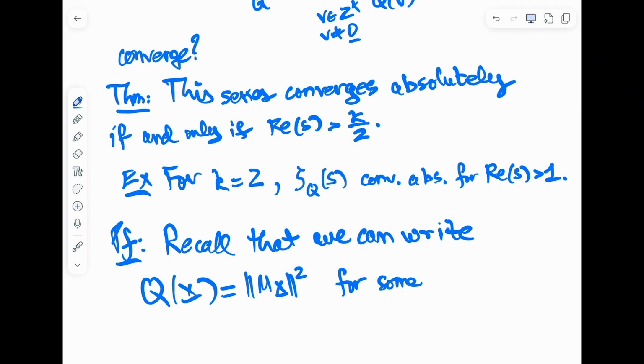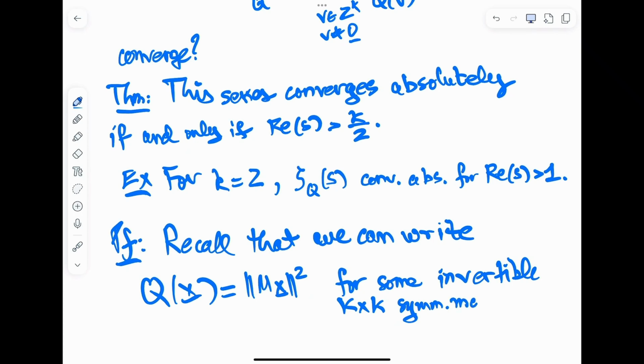The classical positive definite quadratic form is just a straight sum of squares, which is the length squared on Euclidean space. But the general positive definite quadratic form will be the length squared of Mx for some invertible k by k symmetric matrix M.